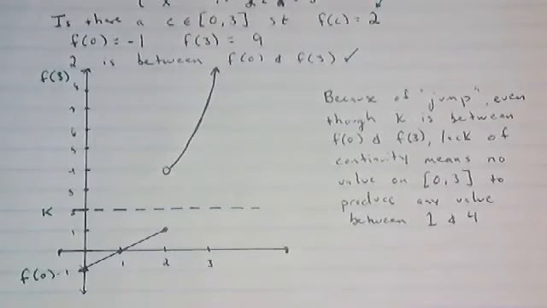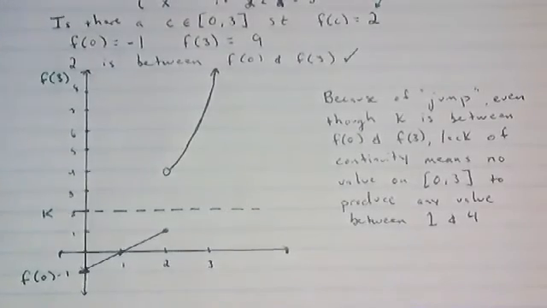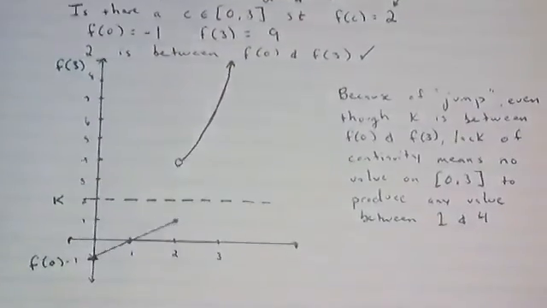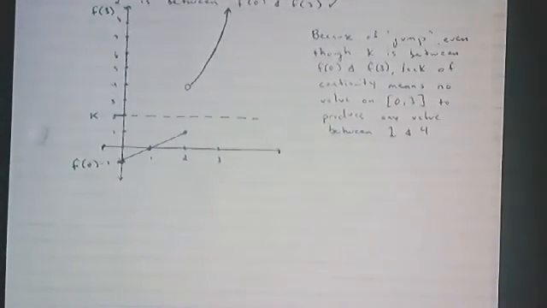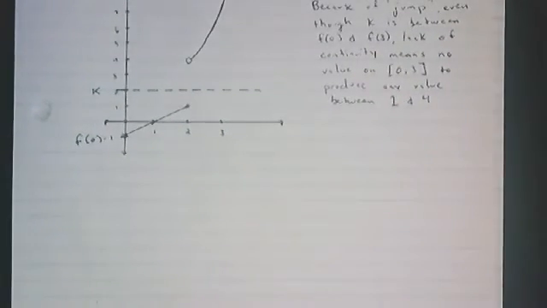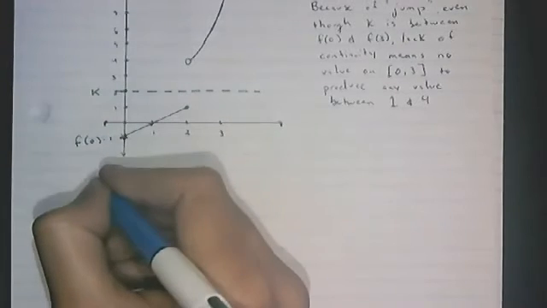So the last example is one in which we will actually be able to verify both conditions of the IVT and then actually find the value C that produces our desired value K. This is it, example 1.